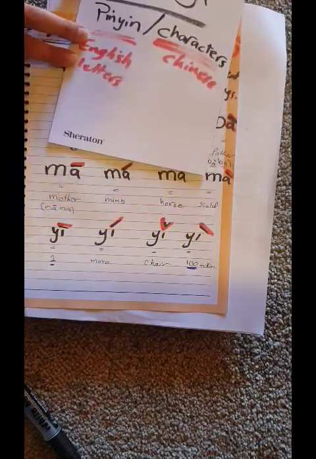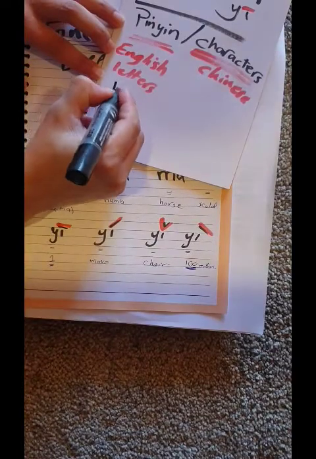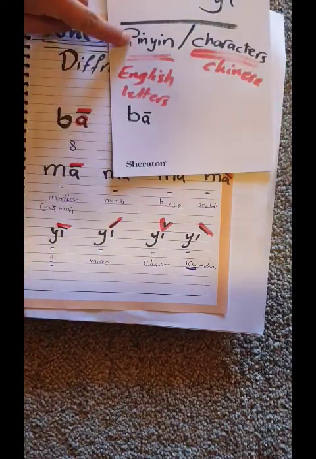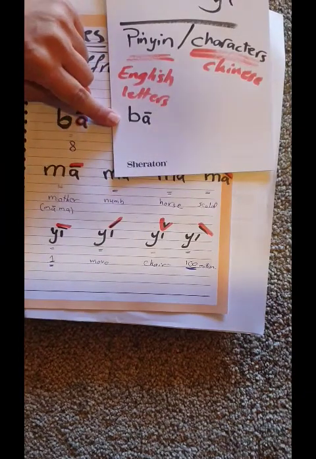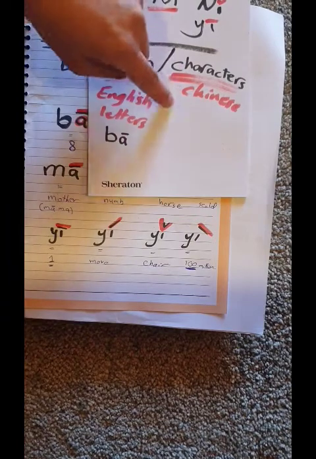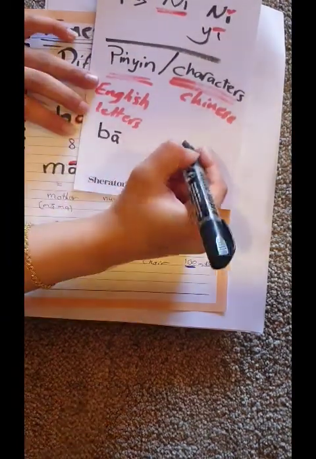Okay? So what is the difference between this and this? For example, we took ba, right? How to write it? We write ba like this in pinyin. But characters, which is in Chinese, we start writing it like this.